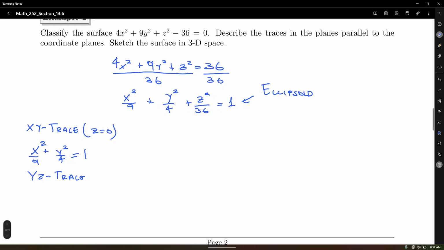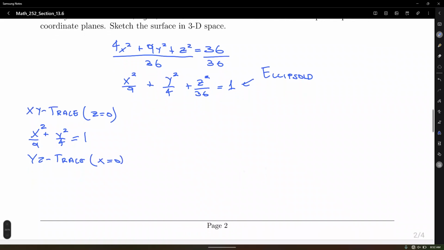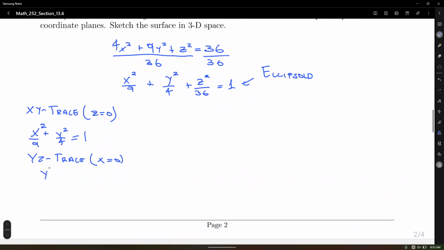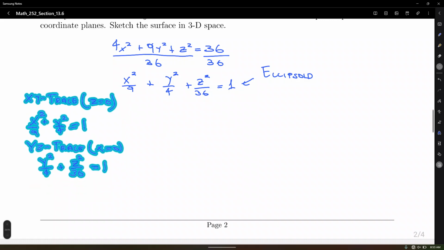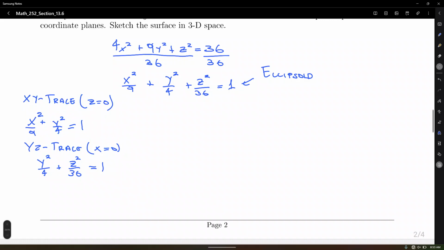Notice the missing variable is x, so that means we make x equal to 0. So that's going to give us the equation y squared over 4 plus z squared over 36 equals 1. And lastly, let me make some space here. Lastly, the xz trace.